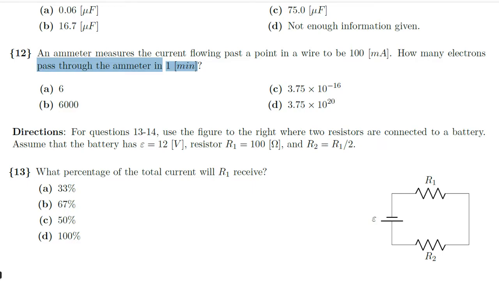Yeah, that's the correct equation. The current equals the charge divided by the time, so I equals Q over T. So we need to solve for Q here because we're looking for the amount of charge, but it's not asking for the charge in coulombs.